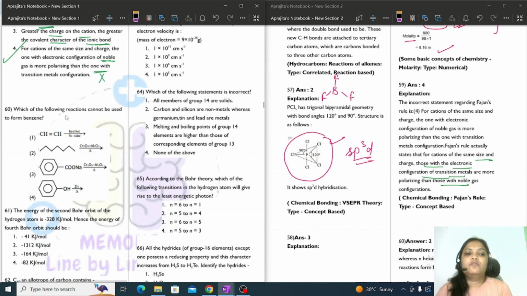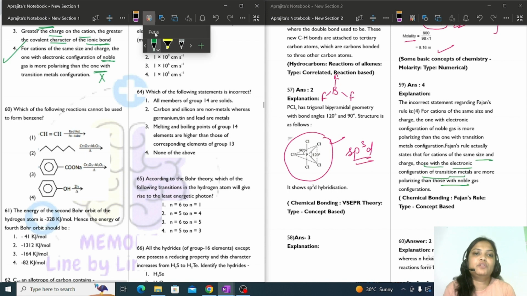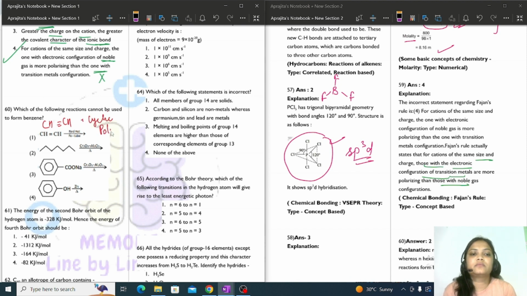Now, which of the following reactions cannot be used to form benzene? Here we know that acetylene, CH triple bond CH, undergoes cyclic polymerization in the presence of a red hot iron tube.